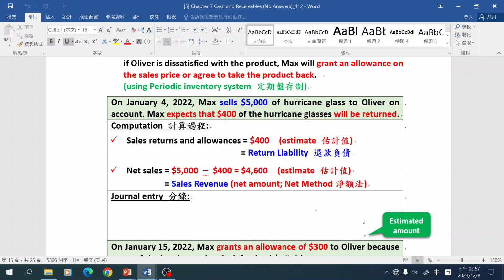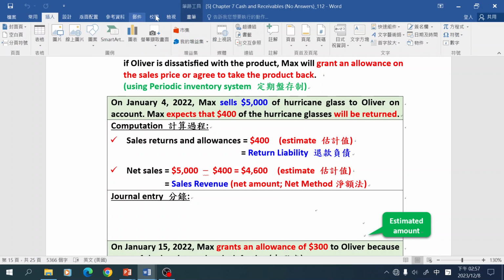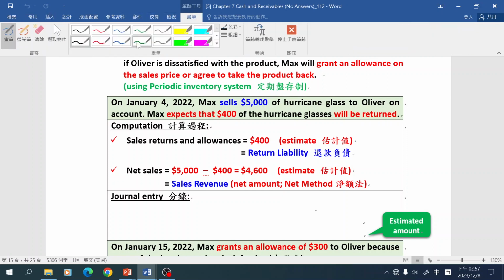So on January 4th, you sold inventory of $5,000. At the same time, you expect 400 of inventory will be returned back to you. So for this, we use the net method. So how do we record this situation? But here it asks only for periodic, so you don't need to record the second journal entry, cost of goods sold. You just record only the revenues. Okay?